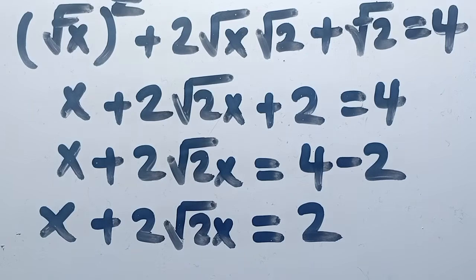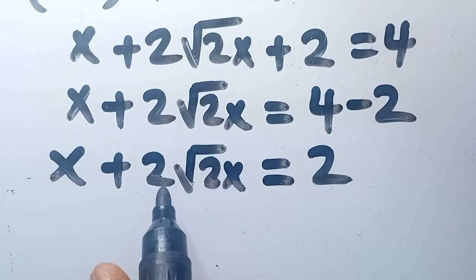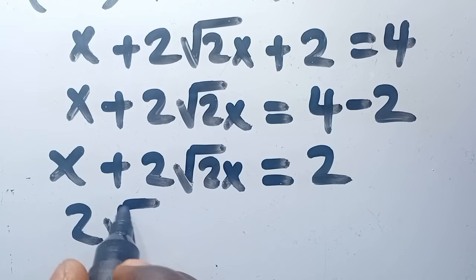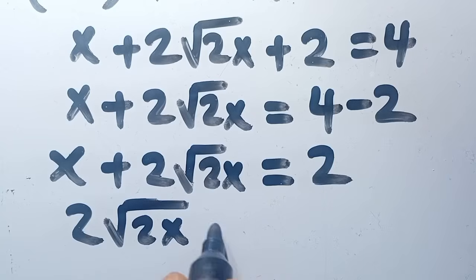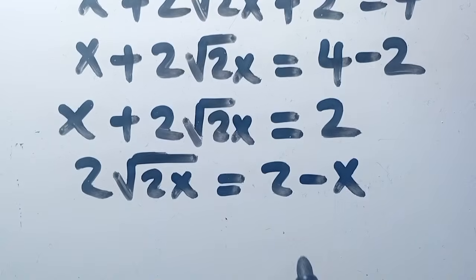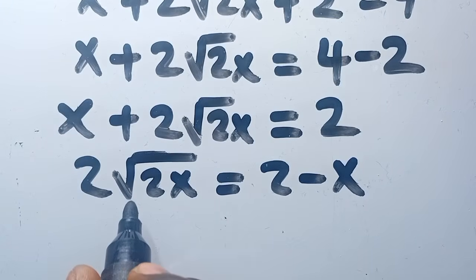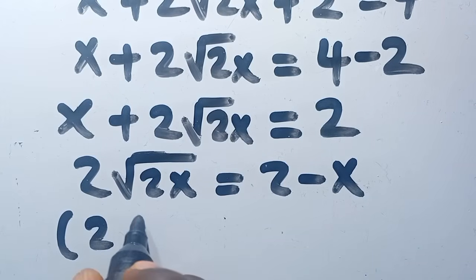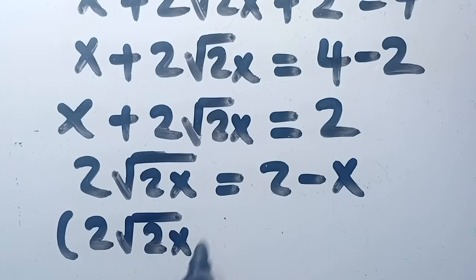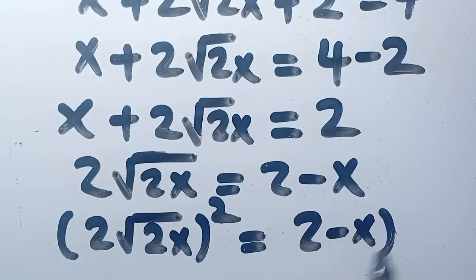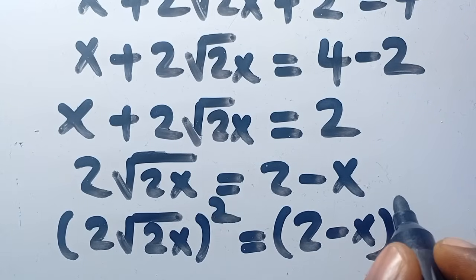By taking this x to the other side, we are going to have 2 multiplied by root 2x equals 2 minus x. Let's square both sides to eliminate this. Open parenthesis 2 multiplied by root 2x, close parenthesis, squared equals 2 minus x, squared.